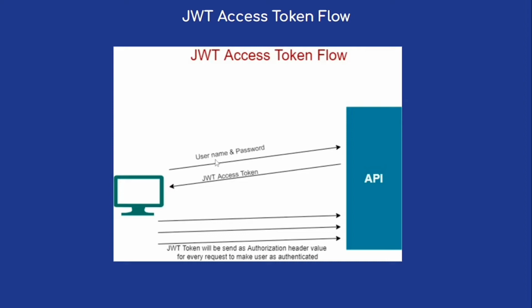When the user sends username and password to the API, if the username and password are valid, then the API creates a JWT access token and returns that token as a response to the client. Then the client stores that access token either in browser session or in some state.